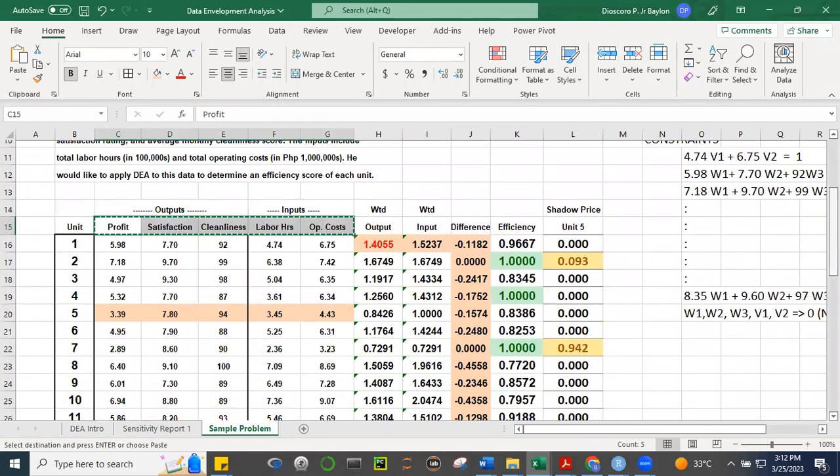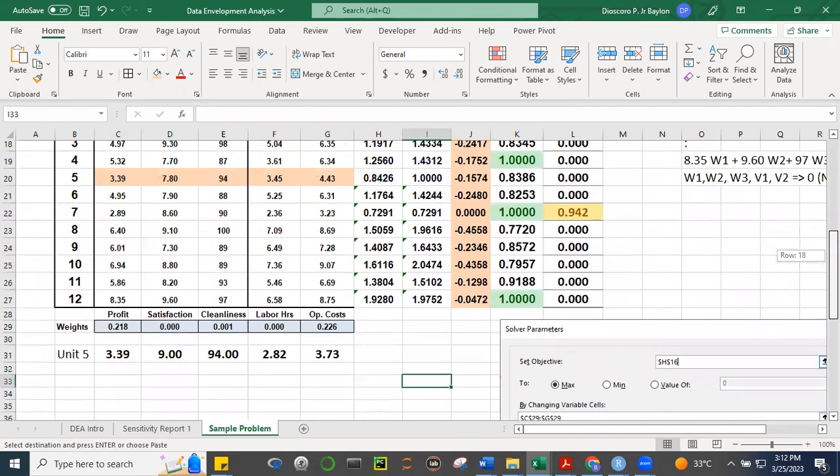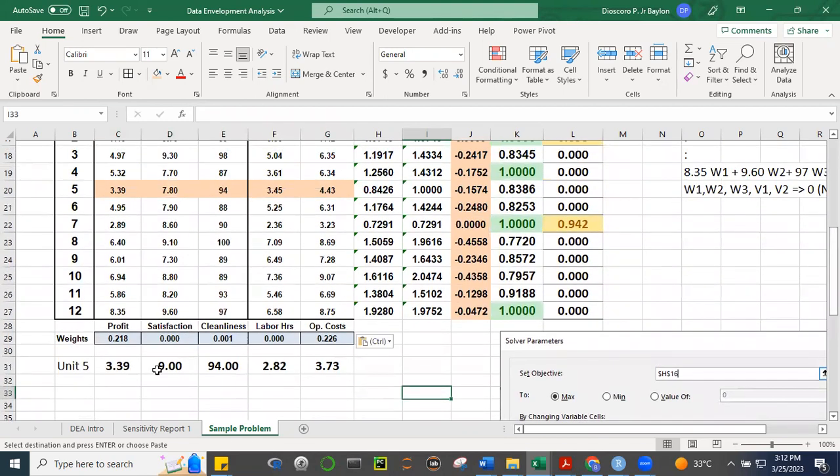In terms of satisfaction, this Frankenstein unit outperforms unit number 5.